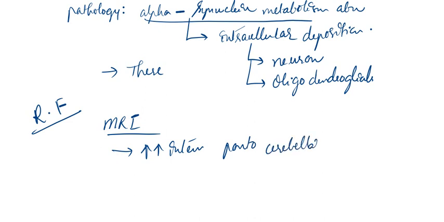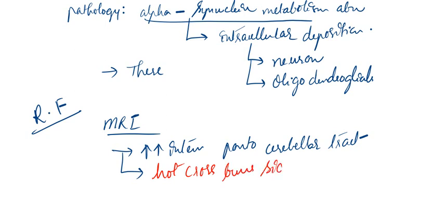I think most of the time you don't recognize this in MRI, but the important statement you should remember is the hot cross buns sign, which is one of the peculiar signs you see in MSA pattern C.